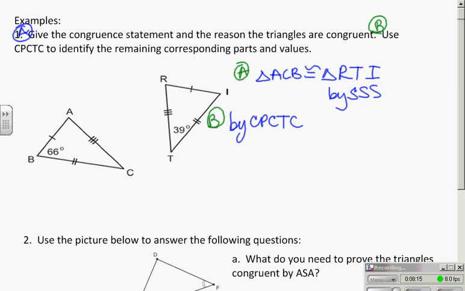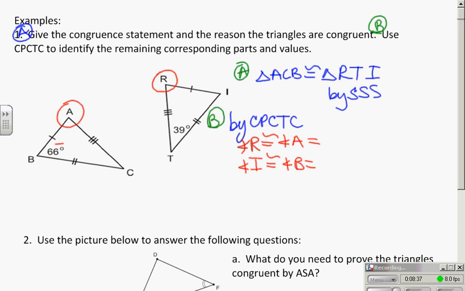that's part A. Part B, I get all three angles, which is angle R is congruent to angle A, which is equal to, we don't know yet. Let's look at our other ones.